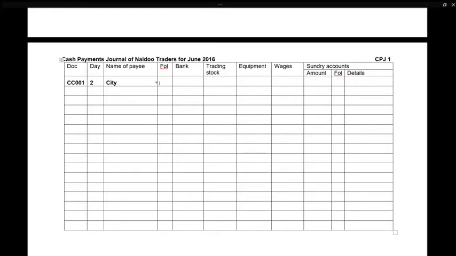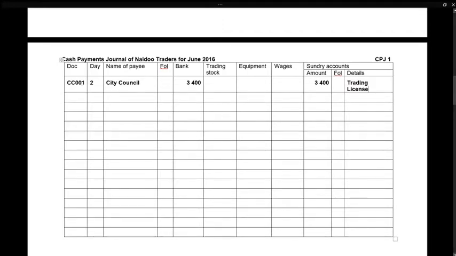To the City Council. An amount of 3,400 Rand. It's not for trading stock, not for equipment, not wages, so we need to record it in sundry accounts, which means other accounts. Trading license.